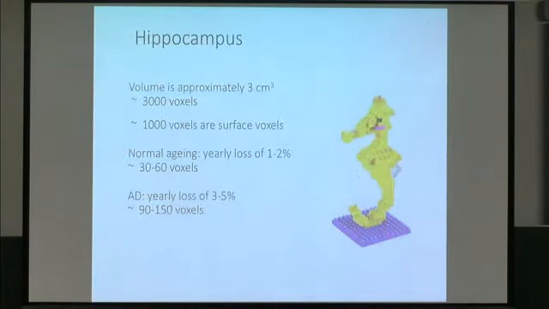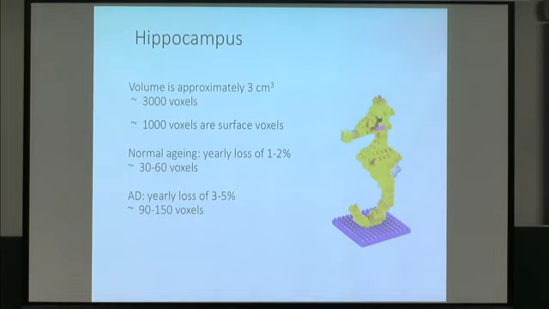If we're looking at the hippocampus in a high resolution clinical scan, this is about 3,000 voxels, but 1,000 of those lie on the surface of the hippocampus. So it's like a third of all the voxels, these Lego blocks, that are on the surface.